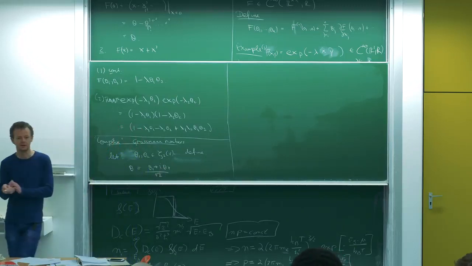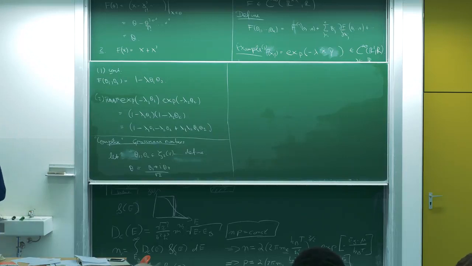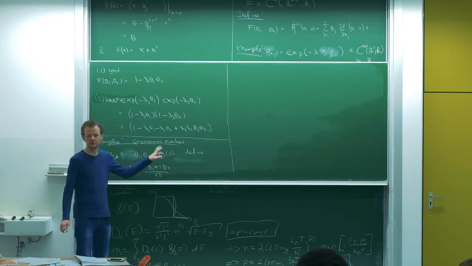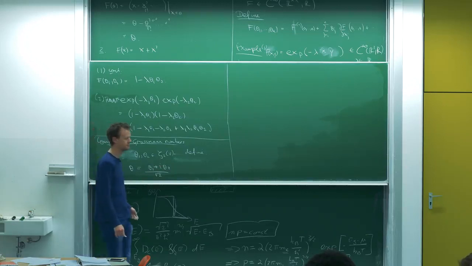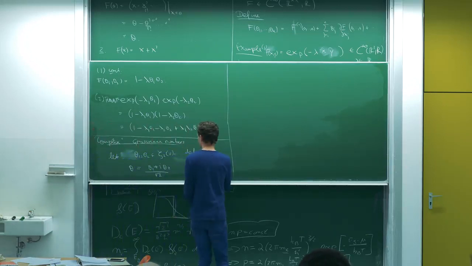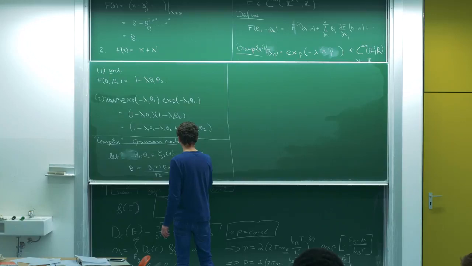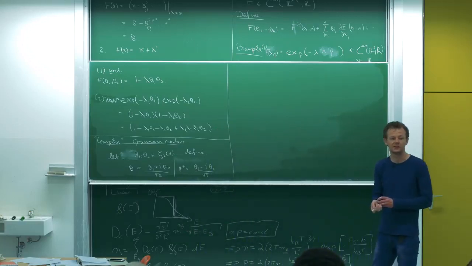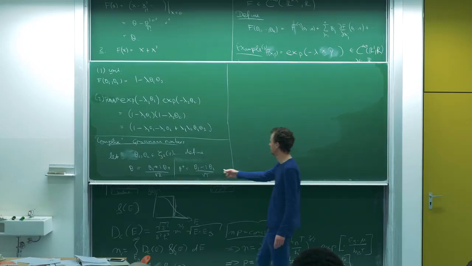So we're going to define a complex Grassmann number simply to be the linear combination of two Grassmann numbers, where we think of theta 1 and theta 2 as like the real and imaginary parts. And we're also going to invent another symbol called theta star, where theta star is that other Grassmann number here.